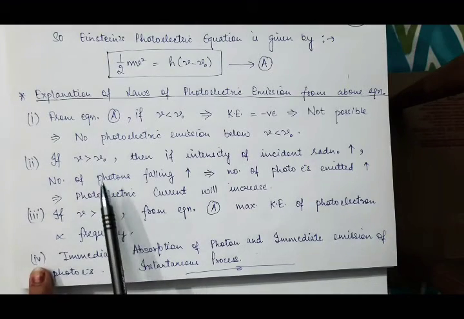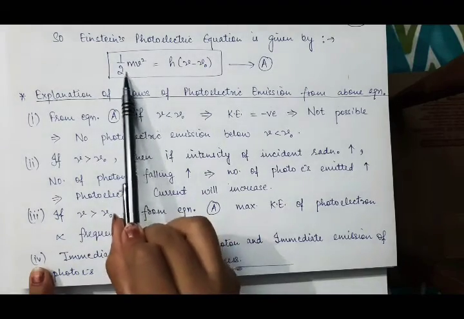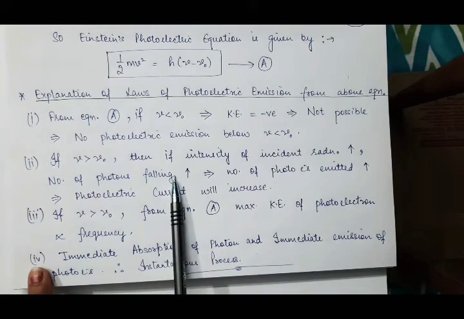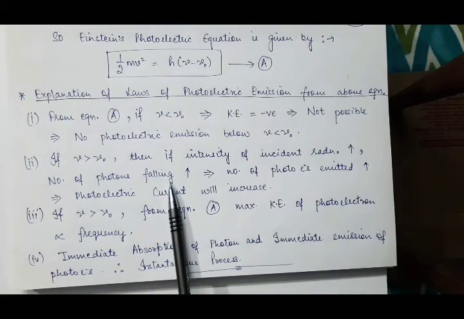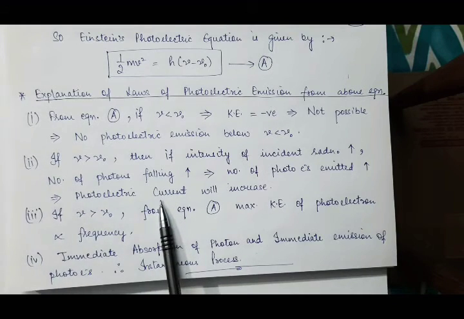In the case of intensity, as you can clearly see, only the kinetic energy depends upon frequency. It means if you increase the intensity of the incident radiation, the number of photons in the radiation increases. If the number of photons increases, the number of photoelectrons emitted will increase, because each photon emits 1 electron.